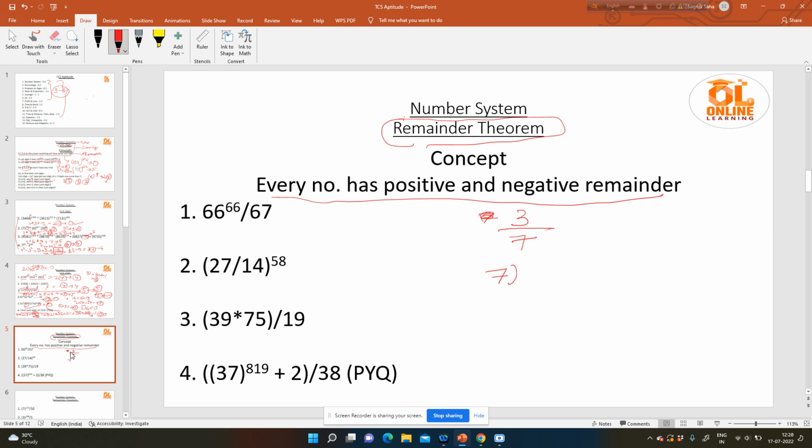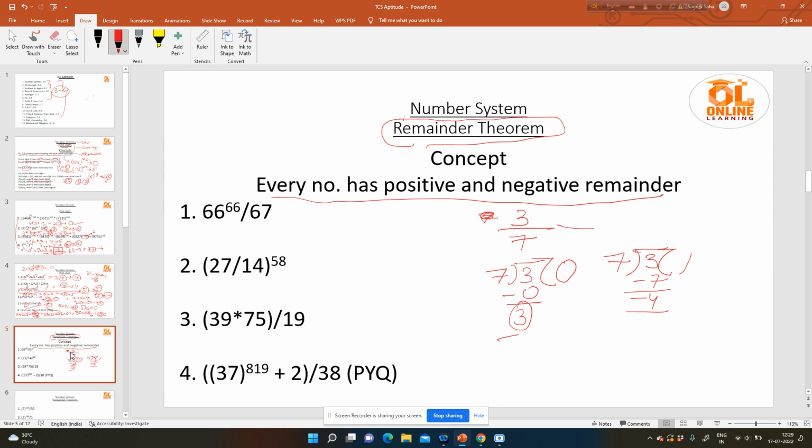If we divide it normally, and put the quotient as 0, then the remainder will be 3. And if we put the quotient as 1, so there we will have 7, the remainder will be minus 4.